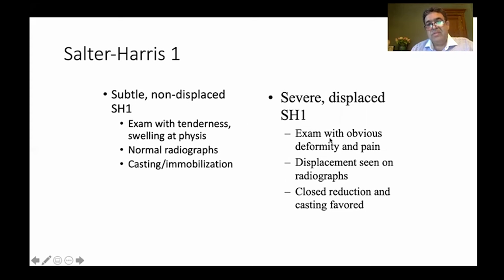When you have displacement, on examination we have a deformity, the displacement is seen on radiographs, and we do closed reduction and casting. Sometimes we need to add K-wire fixation, like in the distal femoral physeal injuries, even if it's type 1.